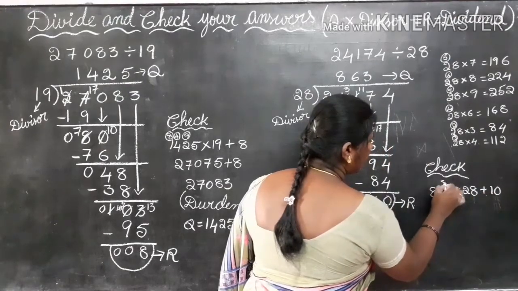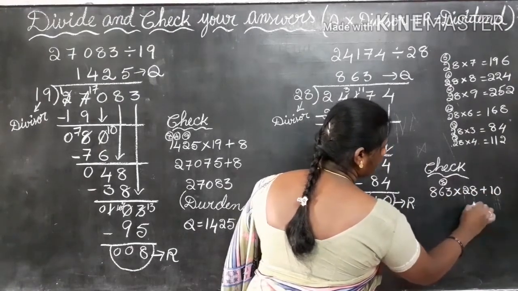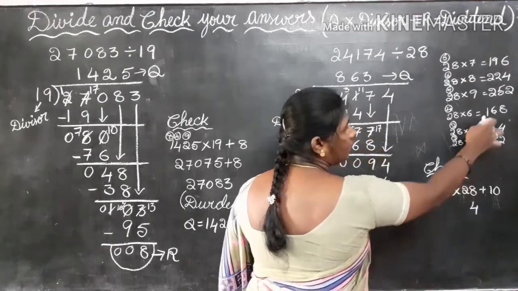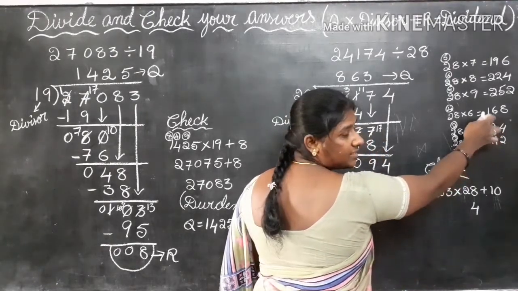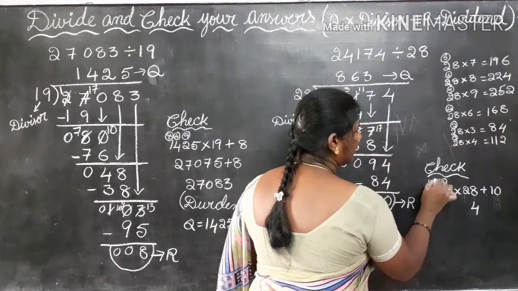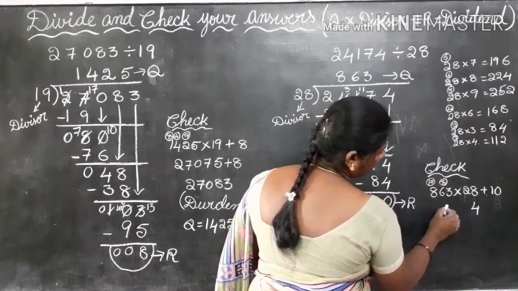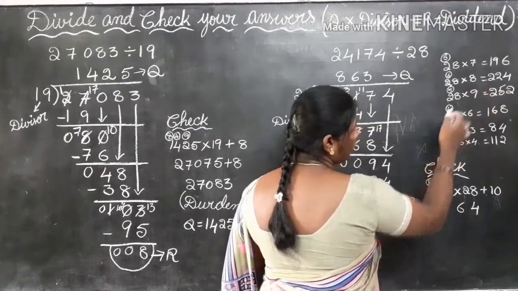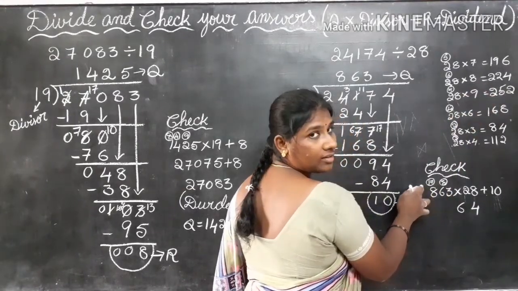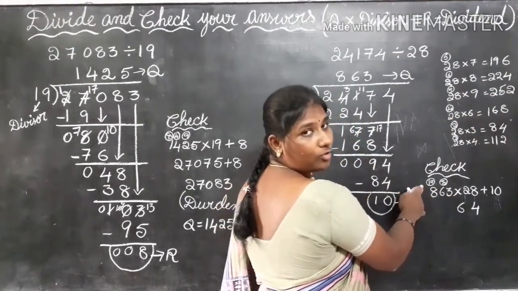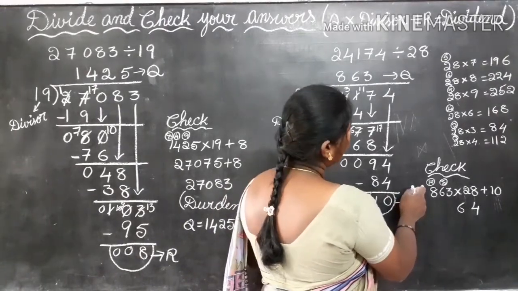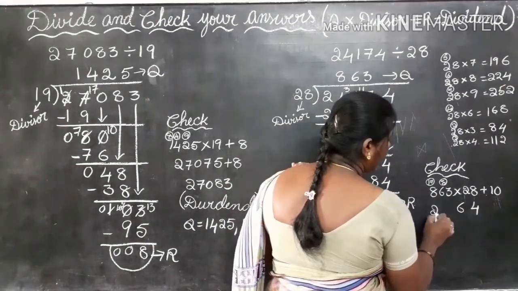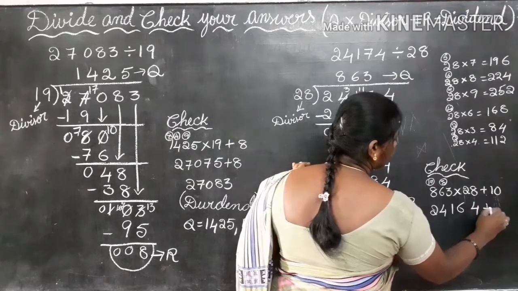28 3s are 84. 28 6s are 168. 168 plus 8, 176. Here 17, right. 28 8s are 224. 224 plus 17, how much? 241 plus 10.